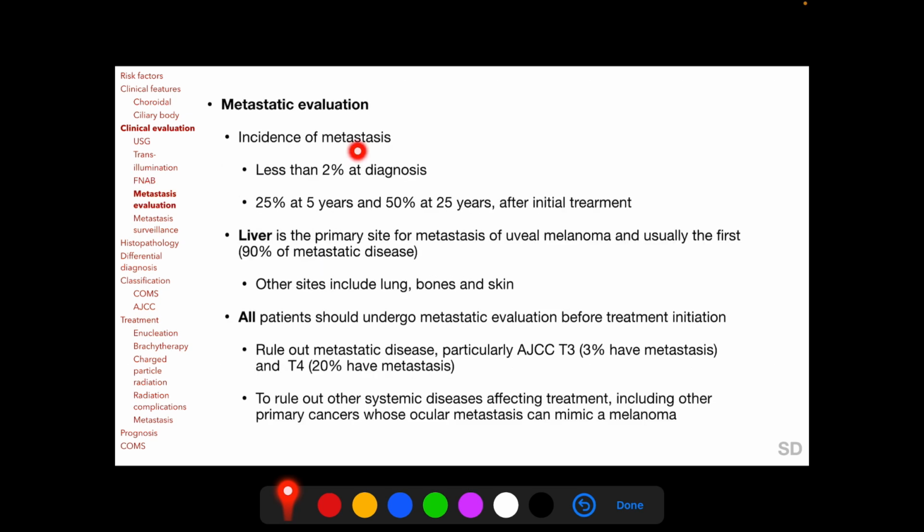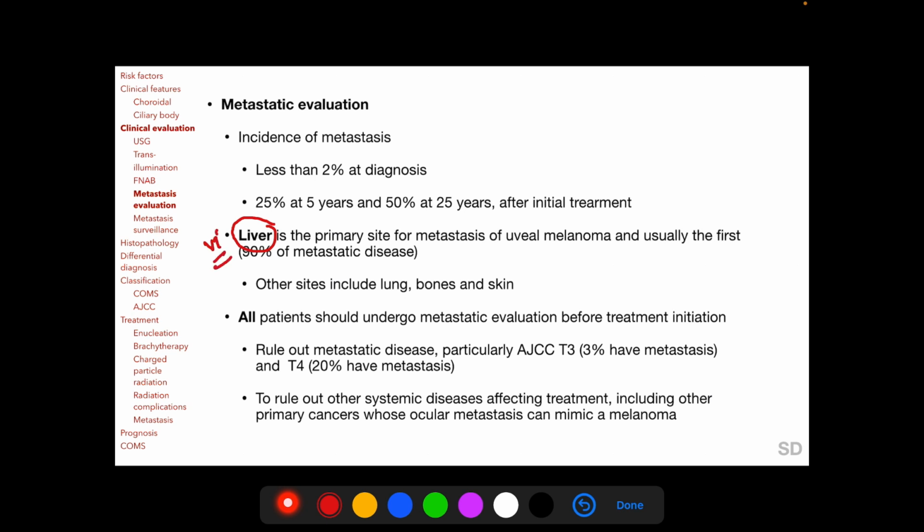Incidence of metastasis in choroidal melanoma patients at diagnosis is less than 2%. It is 25% at 5 years and 50% at 25 years after initial diagnosis and treatment. Liver is the primary site for metastasis of uveal melanoma and usually the first to be involved, and this is very important to remember.